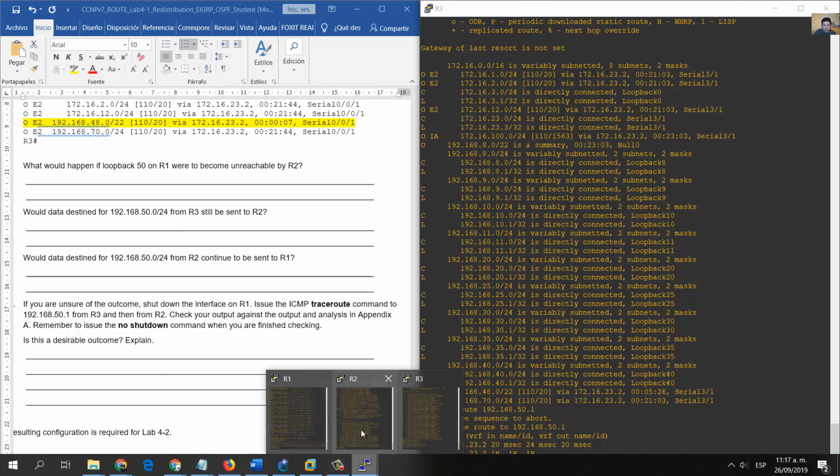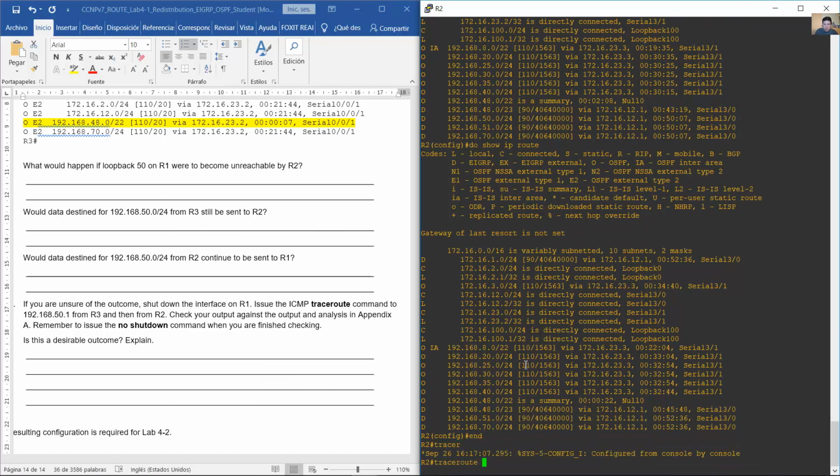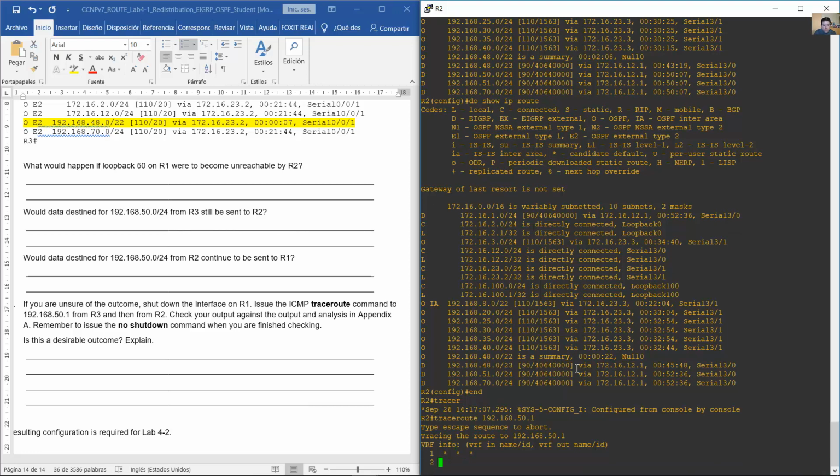Go to R2 and test traceroute 192.168.50.1. It will not be possible to reach the host.